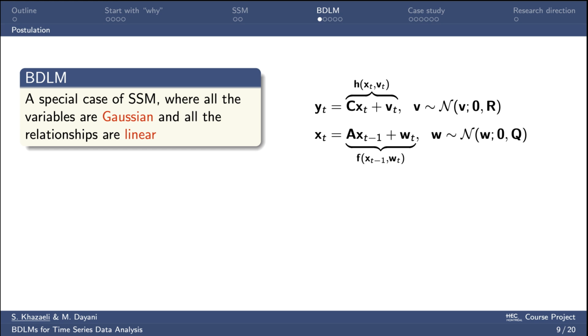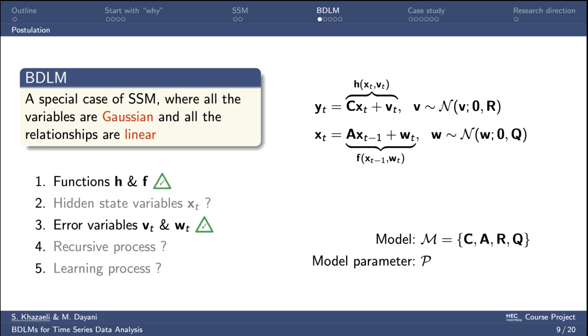Collectively, we call these predefined matrices C, A, R, and Q as the model. Also, for each model, we have some parameters that are related to these matrices. Up to now, two questions are answered. We know what the functions are and we defined the error terms. Let's see what the hidden state variables are.